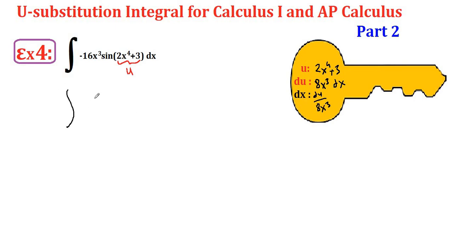If you rewrite everything in terms of u, you obtain sine of u, and instead of dx, we have du over 8x to the third. 16x to the third divided by x to the third is 2, so we have negative 2 in front of the integral sign.